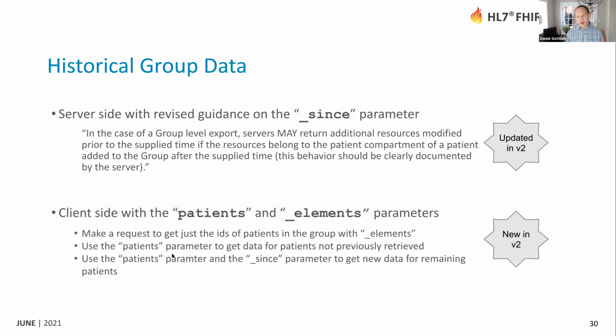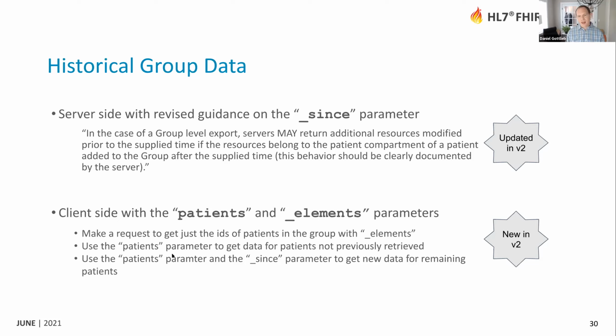Of course, some servers are not tracking membership in the groups. So if every time you make a request to a group, the server is just doing a search for all patients who are diabetic, it won't know if a new patient is in that data set that you haven't seen before as a client. So clients can also keep track of the patients that they've retrieved before.